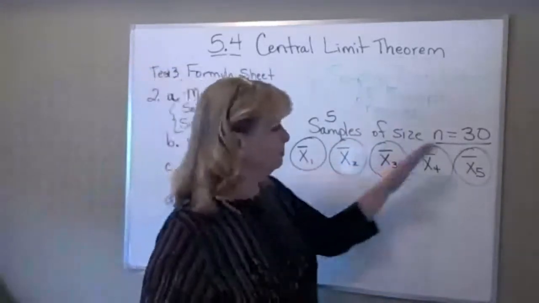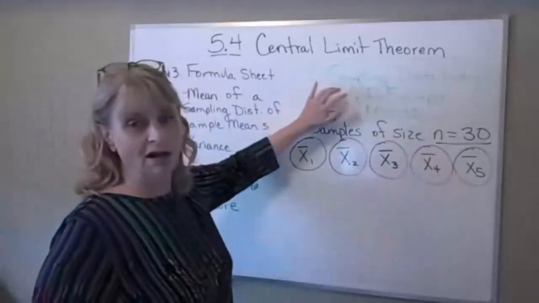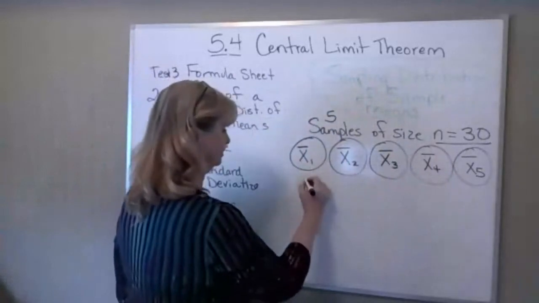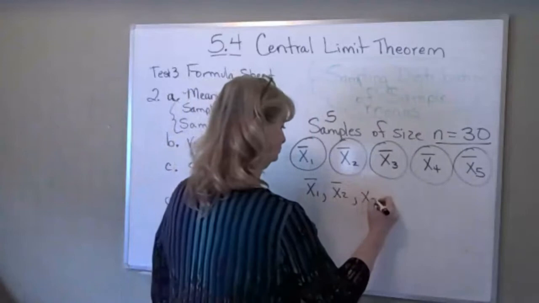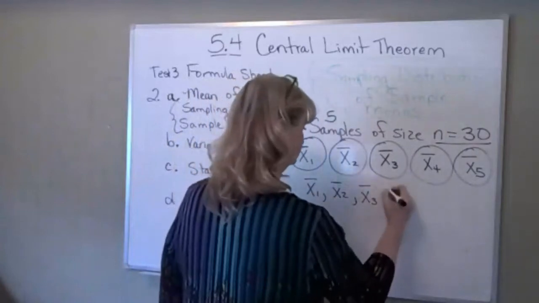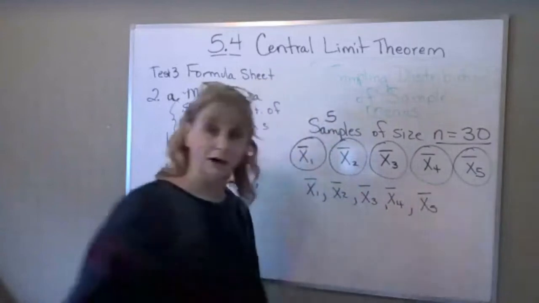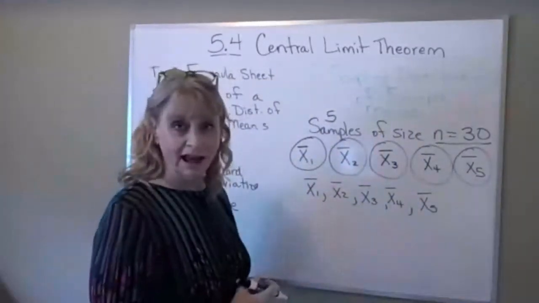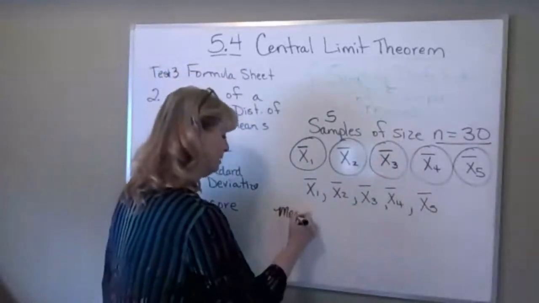But those 5 sample means would be called a sampling distribution of sample means. So now think of those as 5 numbers. And we're going to take those 5 numbers and treat them as if they're our data. And we're going to find the mean of the sample means.